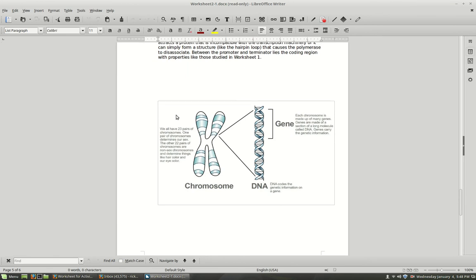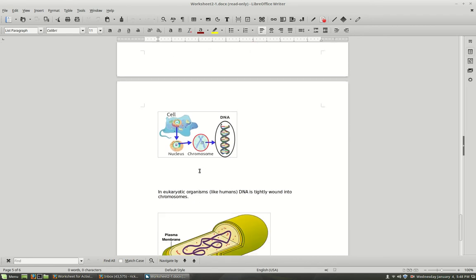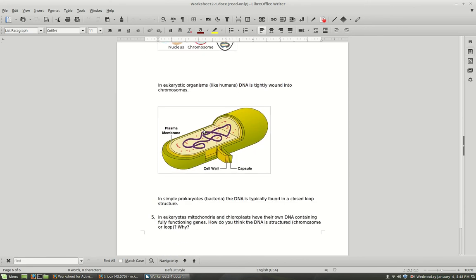So here's our gene. If you are talking about eukaryotes, that sequence we just looked at is going to be here on the chromosome. Here we're just talking about the fact that in eukaryotes, of course, the RNA is created and it leaves the nucleus to go out and more or less find a ribosome, which will bind to the 5' end of the RNA. That is not what happens in bacteria.